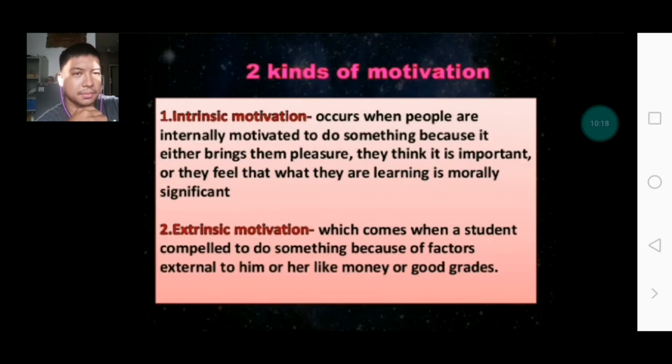So next, the two kinds of motivation: intrinsic motivation and extrinsic motivation. Intrinsic motivation occurs when people are internally motivated to do something because it brings them pleasure. So you are motivated by your own reason.